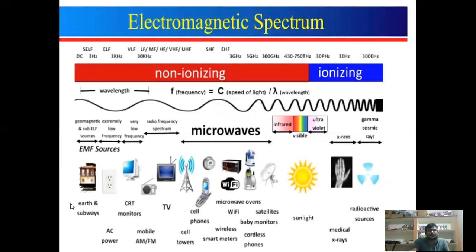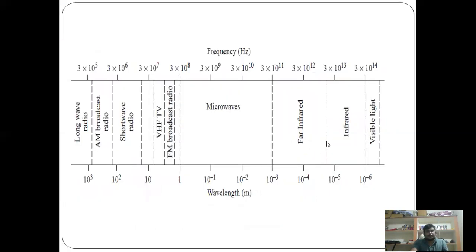Coming to the electromagnetic spectrum, we know there is non-ionizing and ionizing. From 0 to 300 hertz, we have different waves, from long waves to short waves. The short waves will penetrate the ionosphere, and non-ionizing has the longer waves. So here, this is the microwave band, and beyond the microwave, we have infrared, visible, ultraviolet.